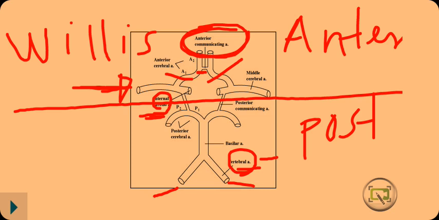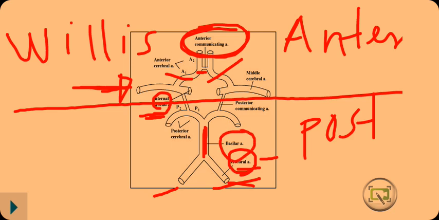Now the posterior part has two vertebral arteries, which branch from the subclavian artery. You can check that in the previous video. These two arteries, the left and the right, will join together and form the basilar artery, which is here.